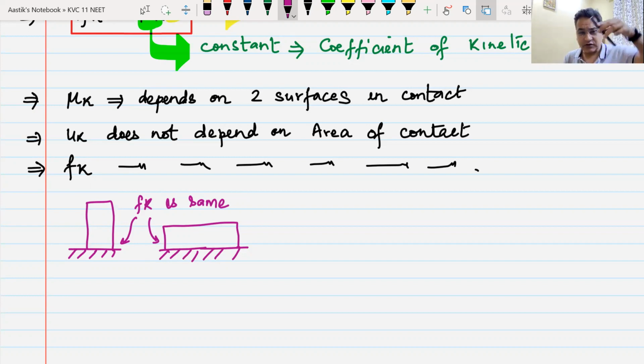It has not changed because I have kept it in a different way. It only changes because the surface has changed. So friction does not depend on the area of contact. It only depends on the surface which is in contact.